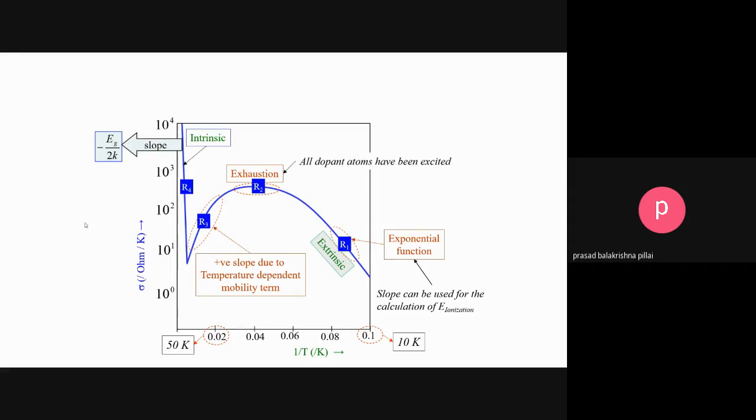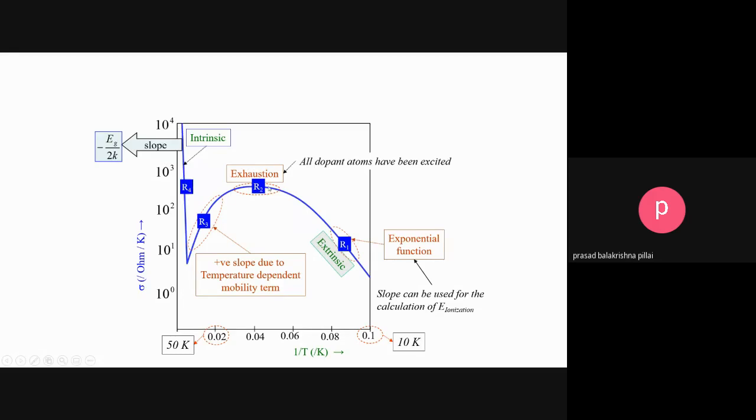Naturally the intrinsic region will be this. If you take the slope in this region, which is the high temperature region, room temperature and above, you can find out the band gap from the slope. This is what you do in your experiment of band gap measurement.